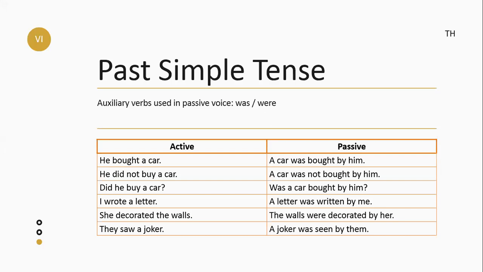So what's the difference between present and past tenses? What is present and what is past? How can you indicate the difference?